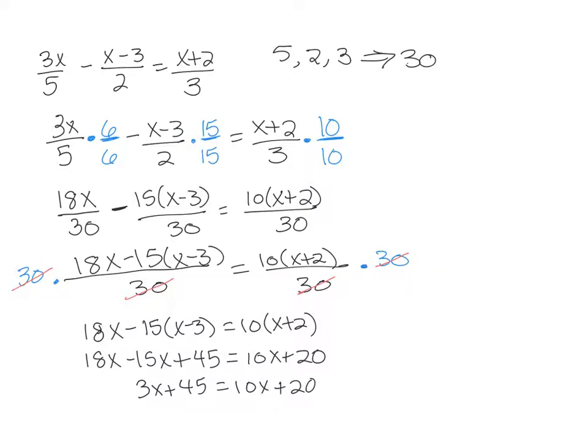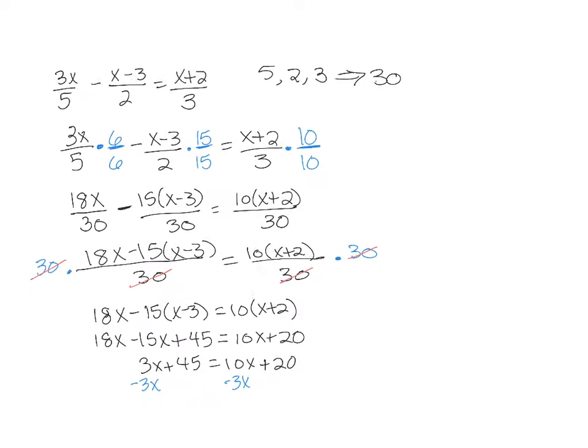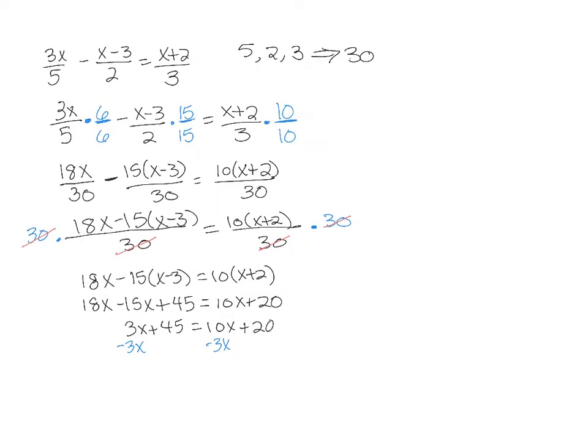And now I'm going to get my x's together. Watch me. I like to take the smaller number and get rid of it. My x's are going to end up on the right-hand side, but that's okay, right? Now, you see that these will go away, and I'll be left with x's on the right.